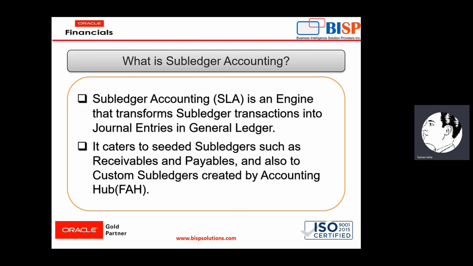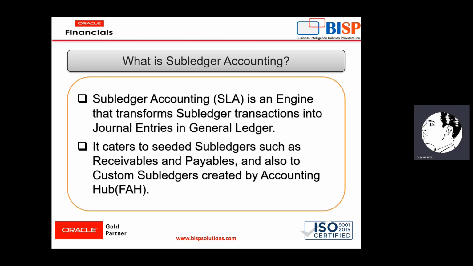It caters to seeded subledgers such as receivables, payables, and so on, and to custom subledgers created by Accounting Hub, that is FAH, Fusion Accounting Hub.